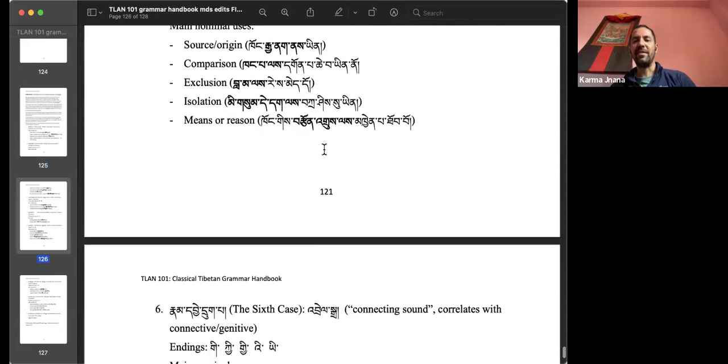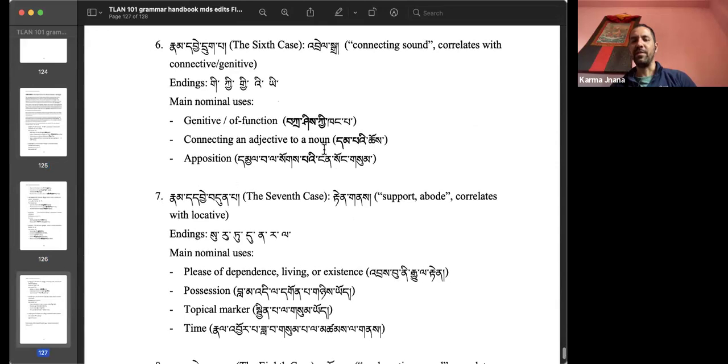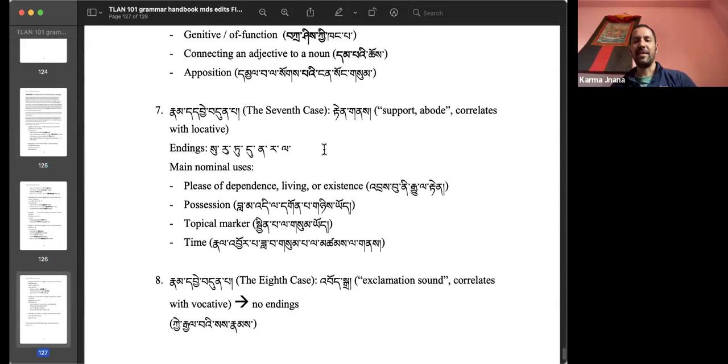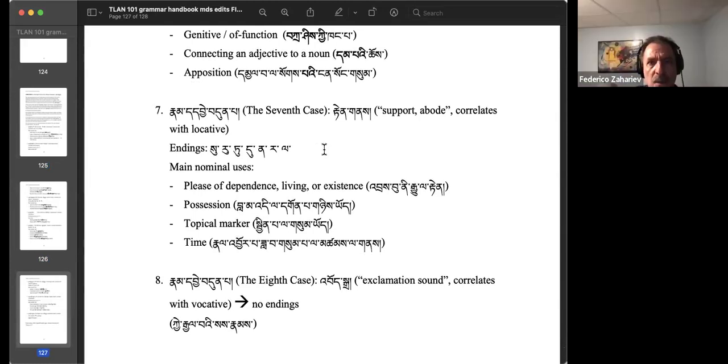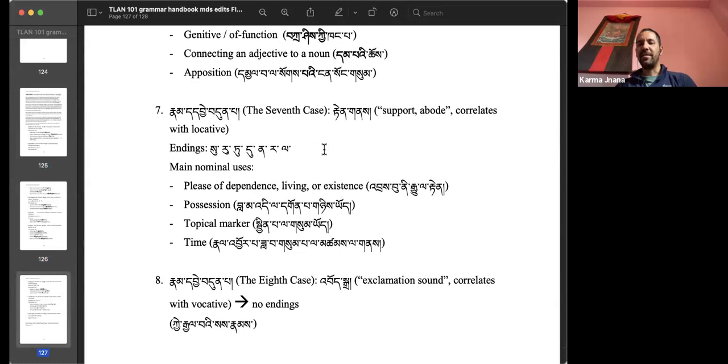I imagine in Sanskrit they might be using different particles, right, Federico? I would imagine. I don't know. Yes. So in Tibetan they're using the one particle, ladon, for three of the cases. So it's really useful to keep this in mind.